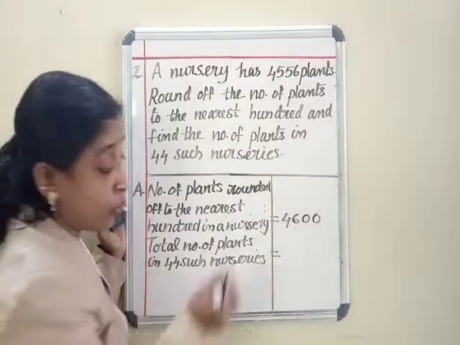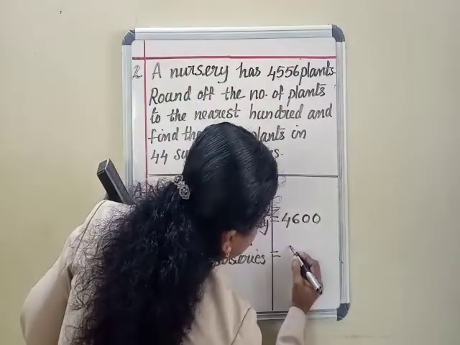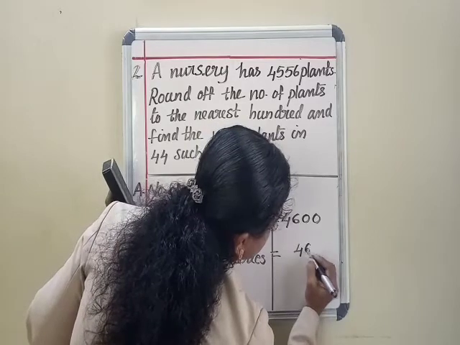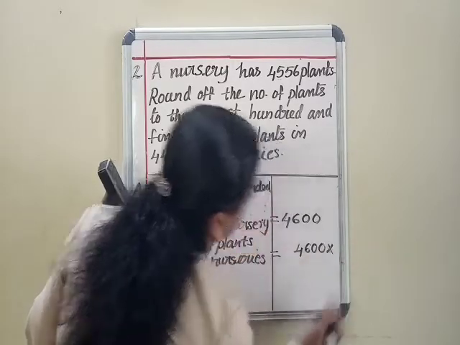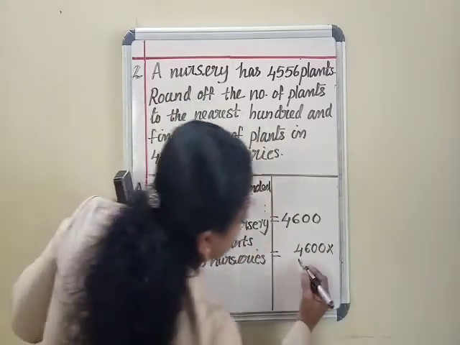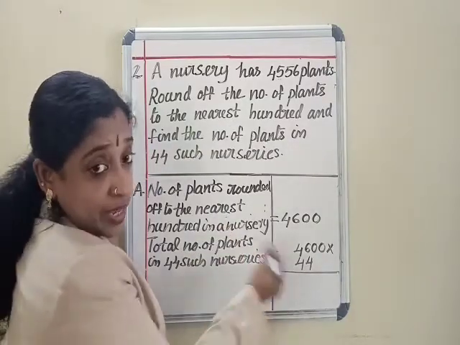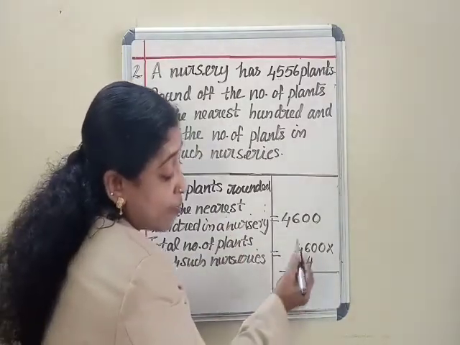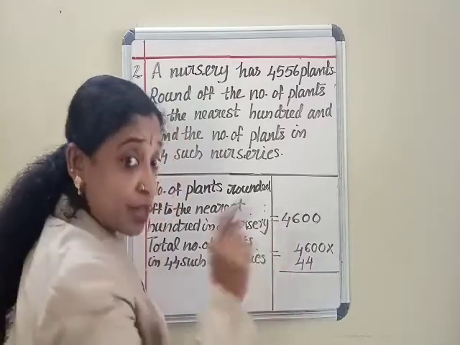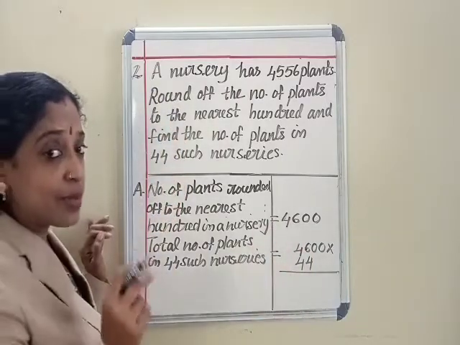Now we have to multiply 4,600 into what? 44. Using the easy method, here we can multiply. No need of multiplying 4,600 into 44. What is the easy method?